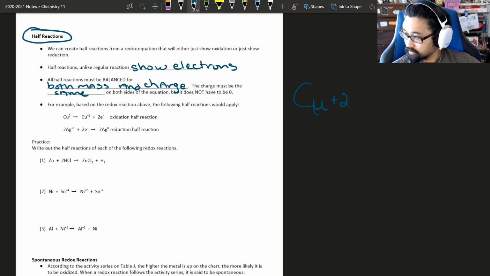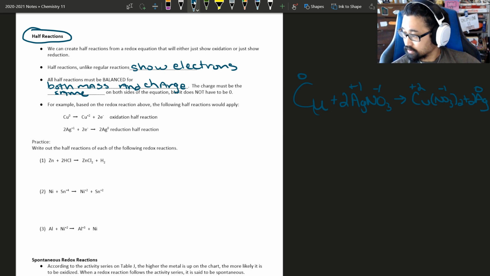Copper plus 2AgNO3 turns into, good, we can still see that, Cu(NO3)2 plus 2Ag. Alright. And we labeled this was 0, this was plus 1, this was minus 1, this was plus 2, this was still minus 1, and this was 0.